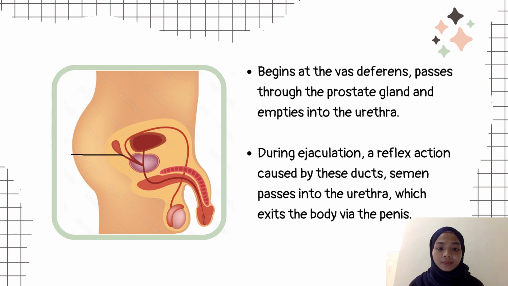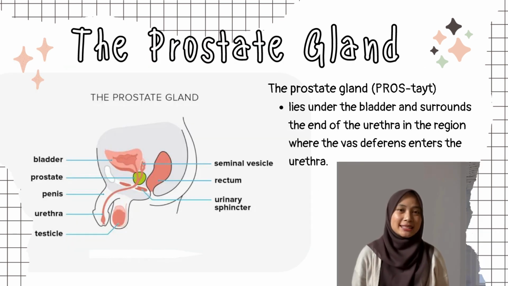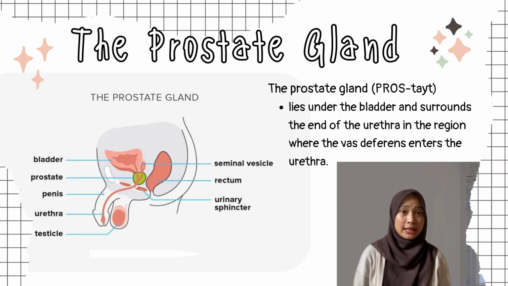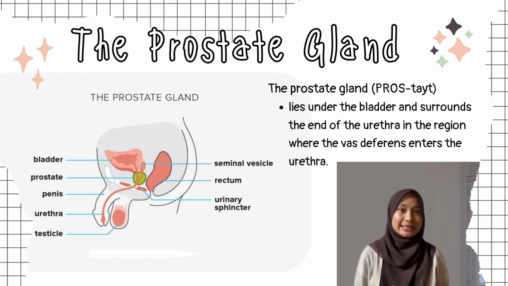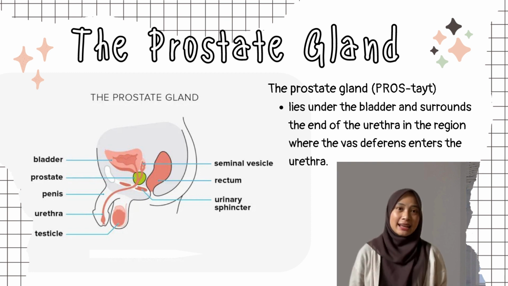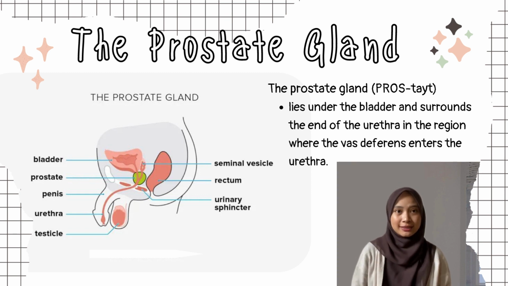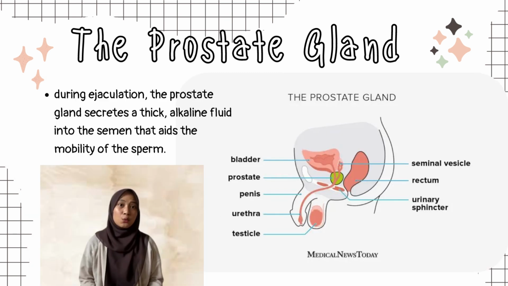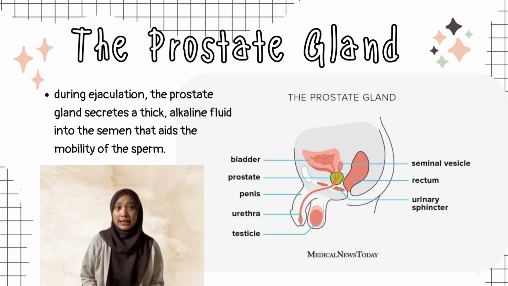Thank you. The next one is the prostate gland. It lies under the bladder and surrounds the end of the urethra in the region where the vas deferens enter the urethra. So what's the function of the prostate gland?